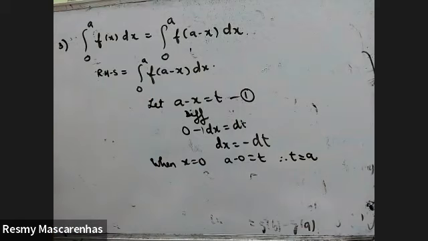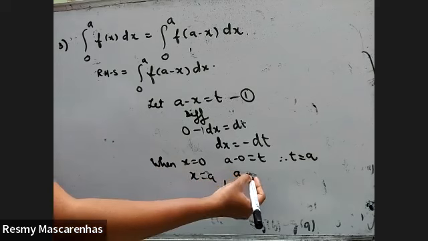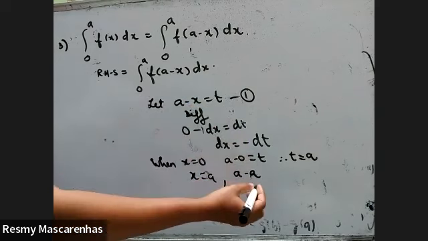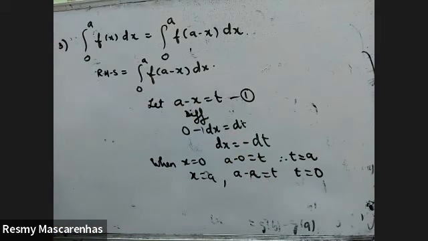When x is equal to 0, t is equal to a. Same way, when x equals a, put a here, t will be 0.